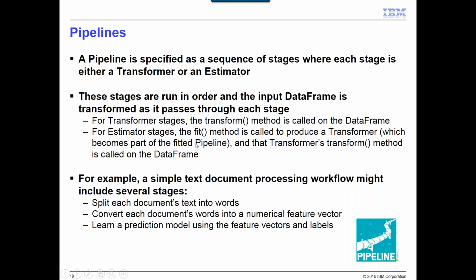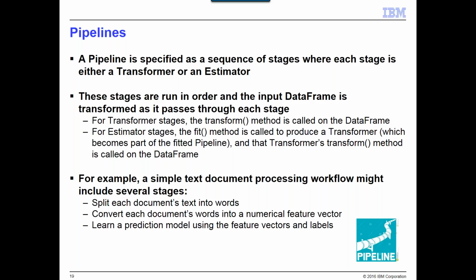So as an example, in the workflow, and ours is going to be a little bit more complicated than this, we're going to split the documents into words in our pipeline. Then we're going to convert each of the documents into a numerical feature vector. That's using the hashing TF that we just described a minute ago.